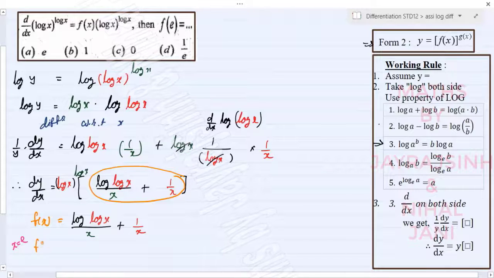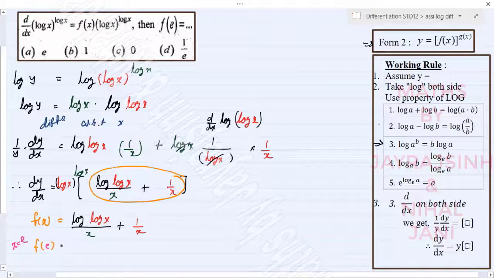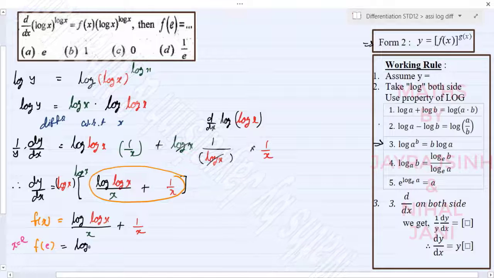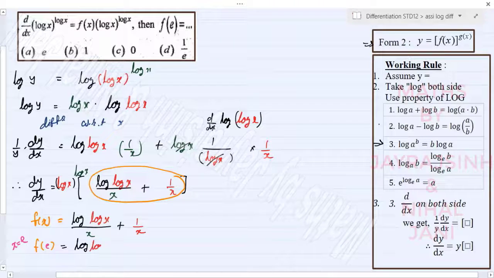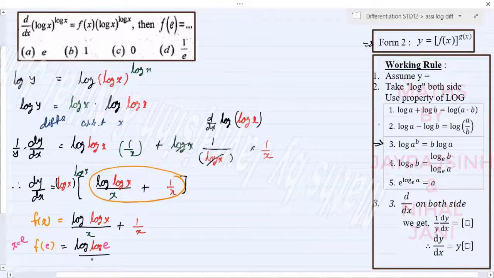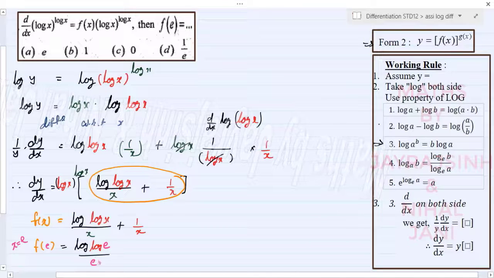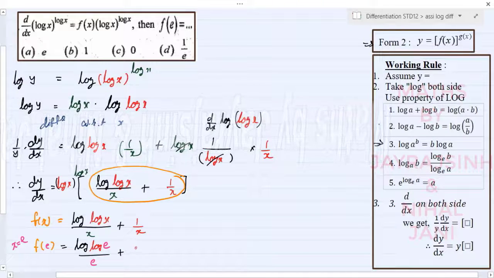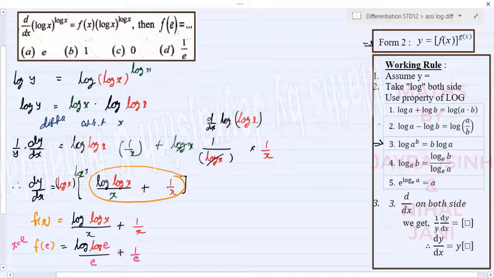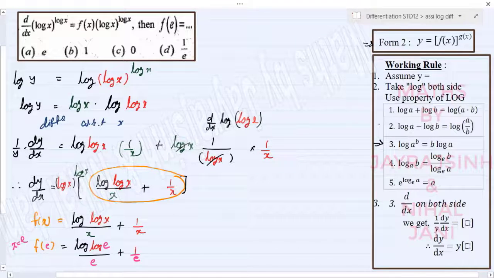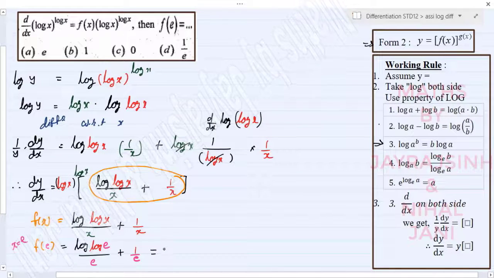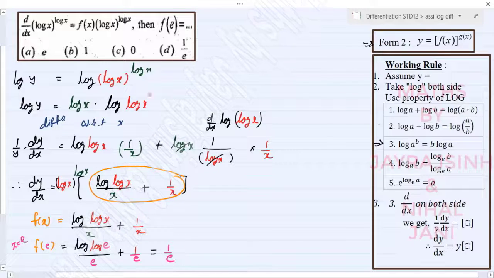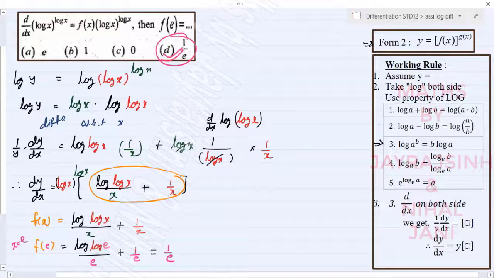So here we'll get f of e is equal to log of log e upon e plus 1 upon e. Now the value of log e is 1 and log 1 is 0. So finally we will get 1 upon e, which is given in option D. Ta-da!